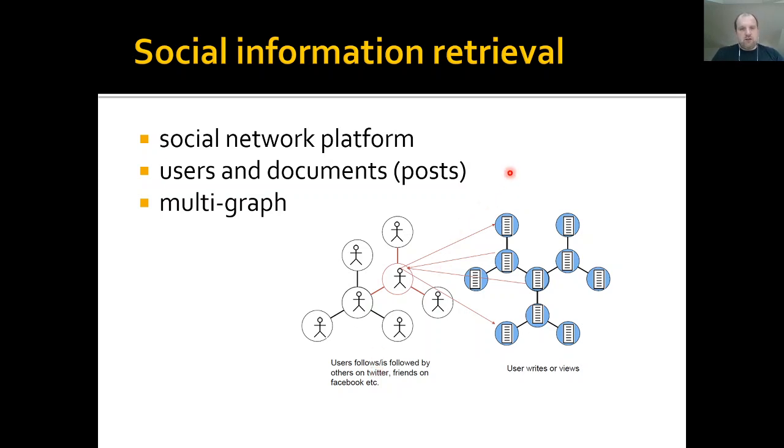As everybody knows, social media are omnipresent now, and from the database or computer science point of view, they bring explicit graph or network information into play, so the retrieval algorithms can use this information.